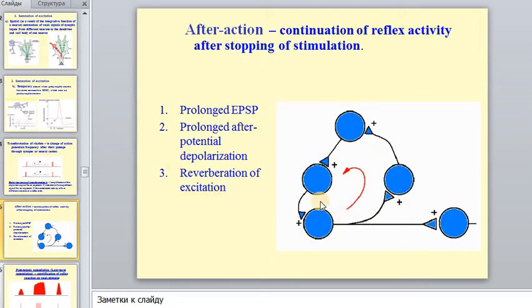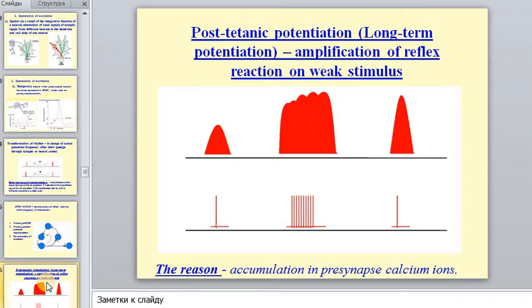This excitation moves in some circle of cells, sometimes for a very long time. Next one, post-tetanic potentiation and long-term potentiation, amplification of the reflex reaction to a weak stimulus, and the reason is accumulation in the presynapse of calcium ions.